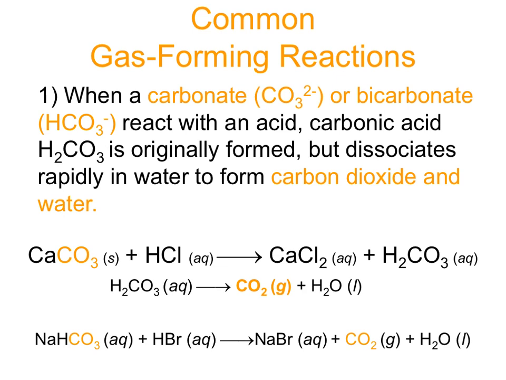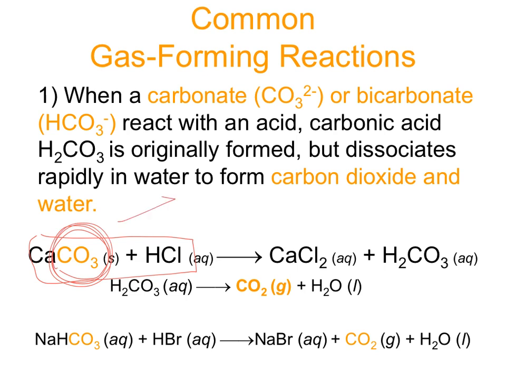Here are some specific gas forming reactions. So for example, the multiple choice question I give you might show you these two reactants and say, what are your products? And hopefully you would say, well, it's a double replacement reaction. And hopefully you would notice that there's a carbonate in there.